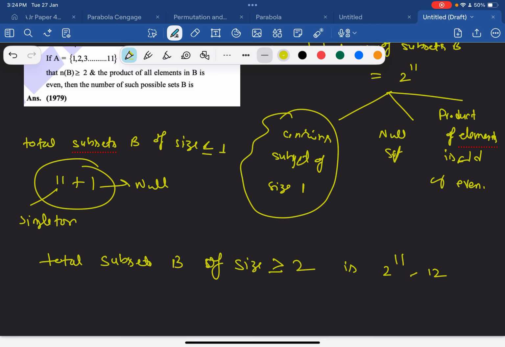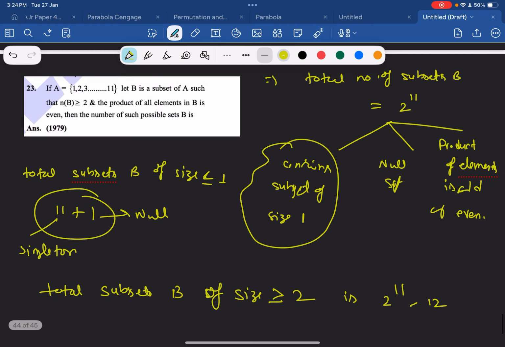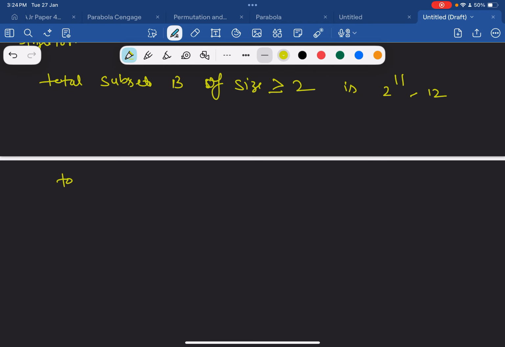Now we have to subtract those subsets whose product will be odd. So what we can write out here: total subsets whose product of all elements is odd.